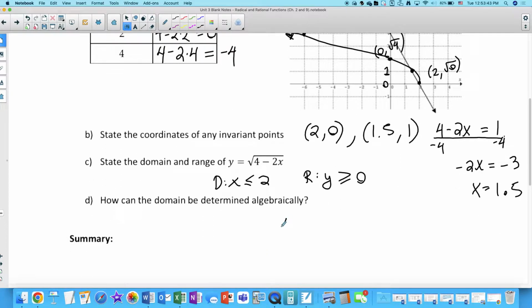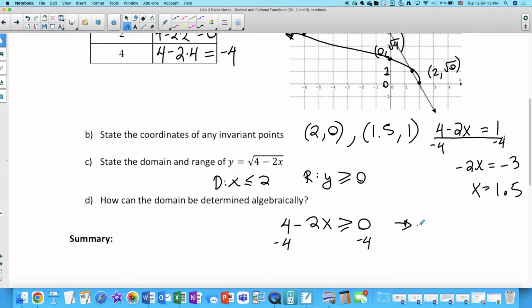You would set that piece, whatever goes in the radicand, to be greater than or equal to 0. Okay? So if we solve this, let's say we add 2x to both sides. Actually, no, I'm going to subtract 4 because I want to emphasize this point. You could do it that way too. I'm going to subtract 4 from both sides.